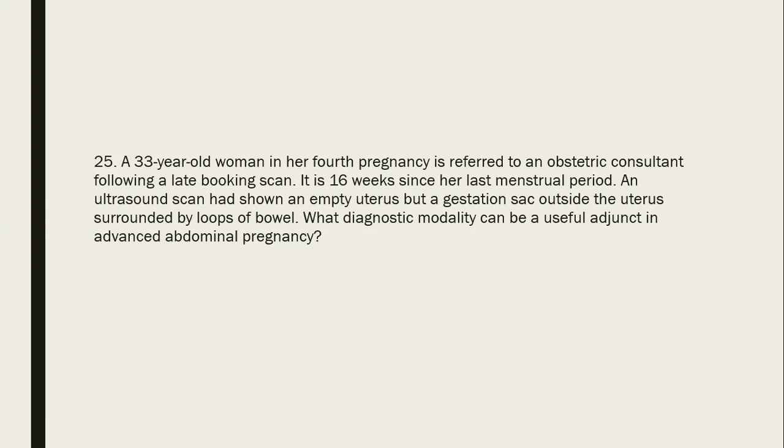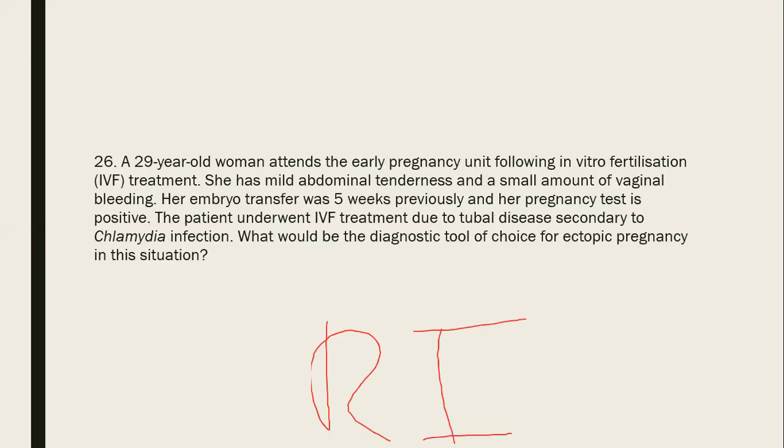What diagnostic modality can be a useful adjunct in advanced abdominal pregnancy? MRI. Yes, because we want to know where this is attached. Exactly. In advanced pregnancy, but in early pregnancy you can use ultrasound.